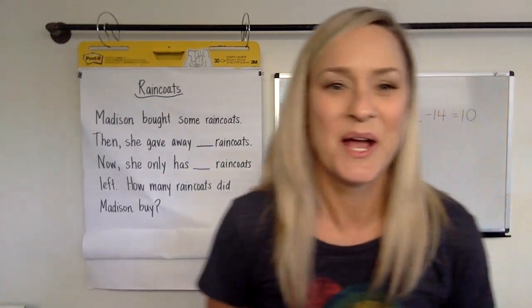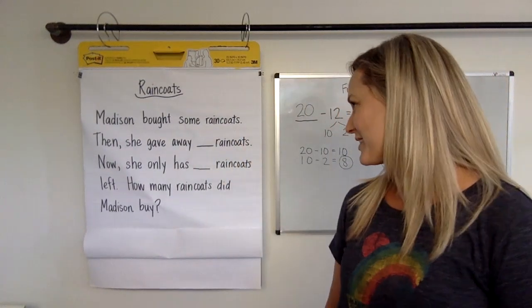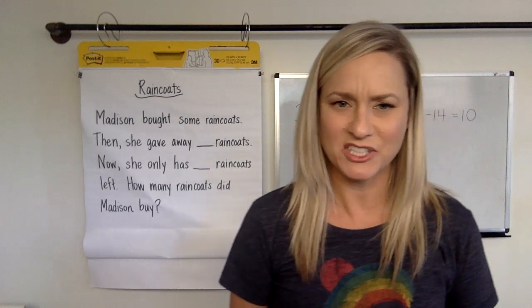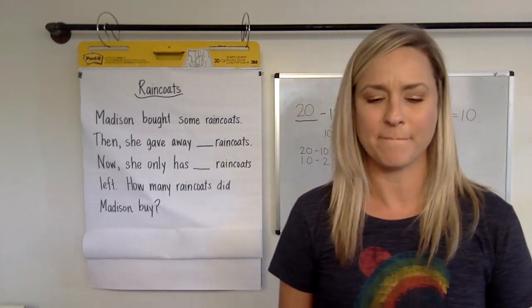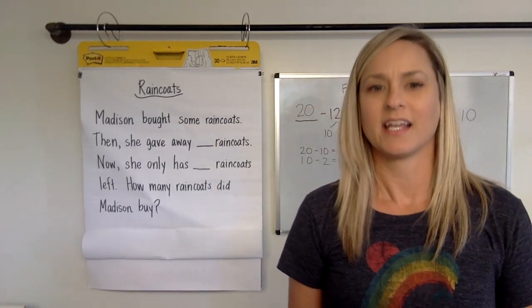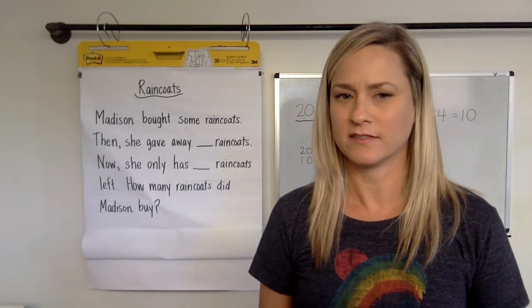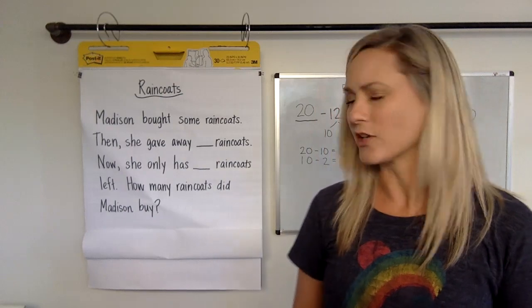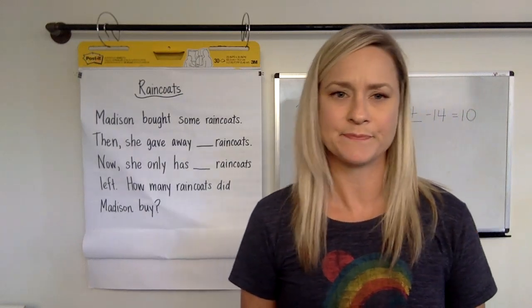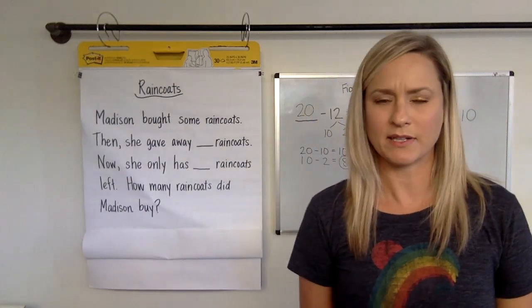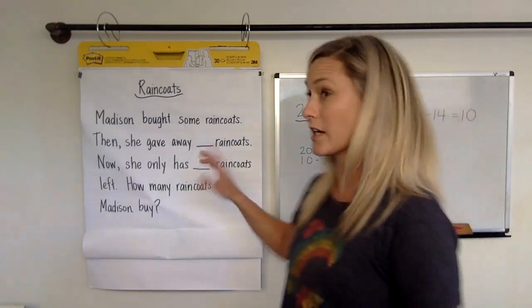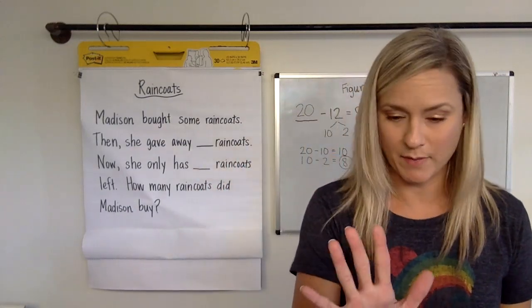Okay, so we're going to think about rainy days and raincoats in this story. All right, so Madison bought some raincoats. Then she gave away raincoats. Now she only has raincoats left. How many raincoats did Madison buy? Okay, so let's think about this again. Actually, let's look at our numbers first, and then we'll think about it again with some numbers.